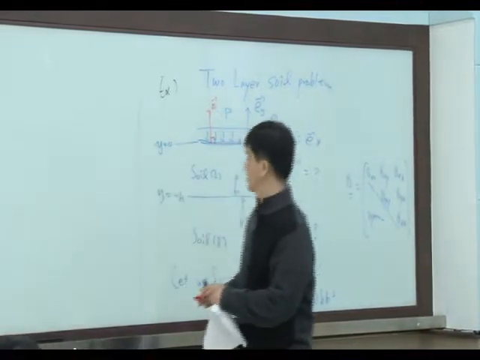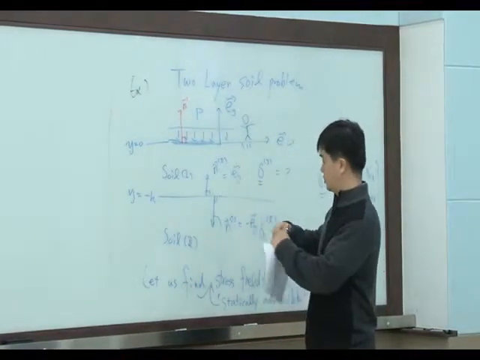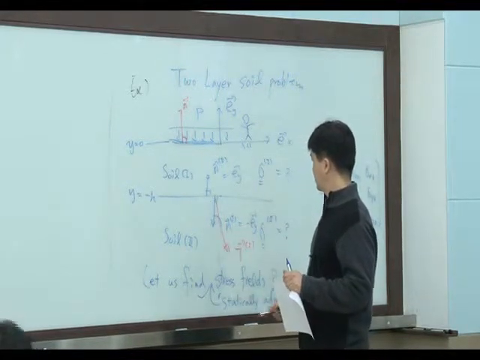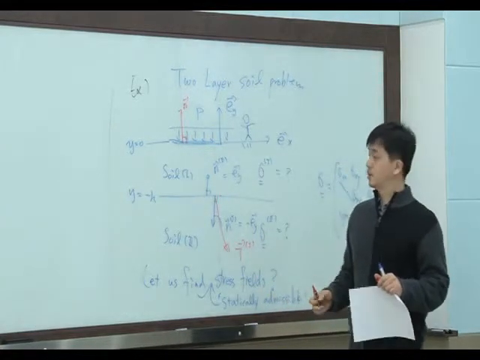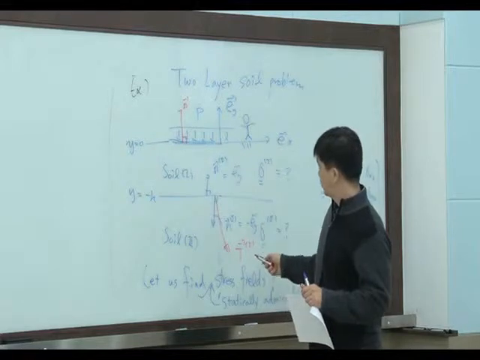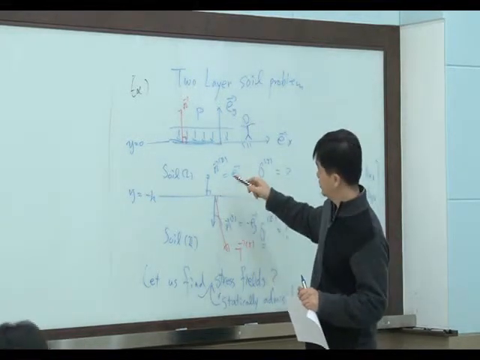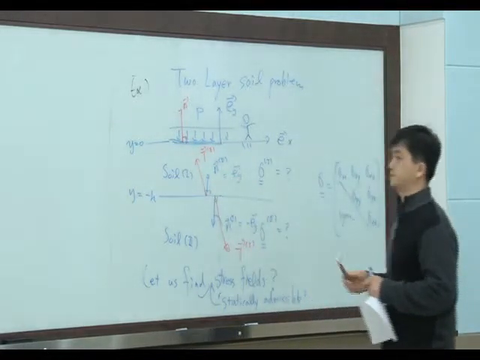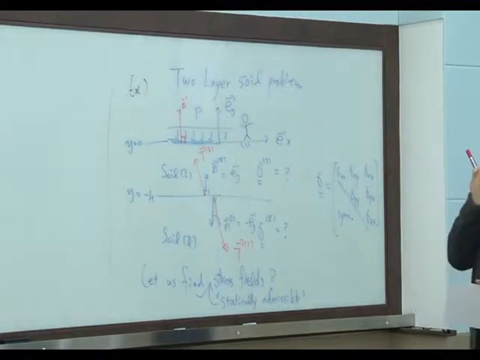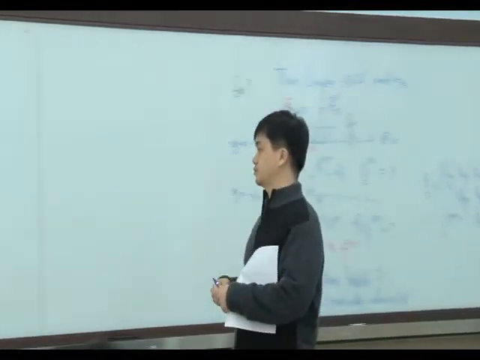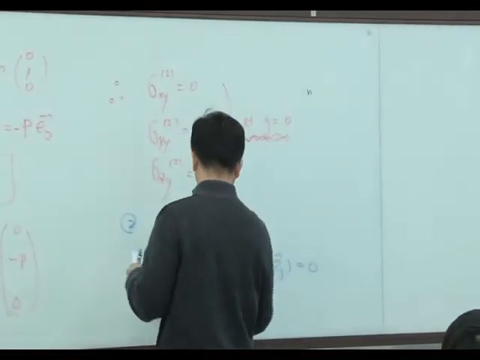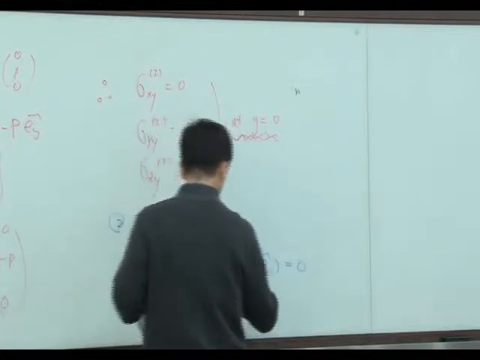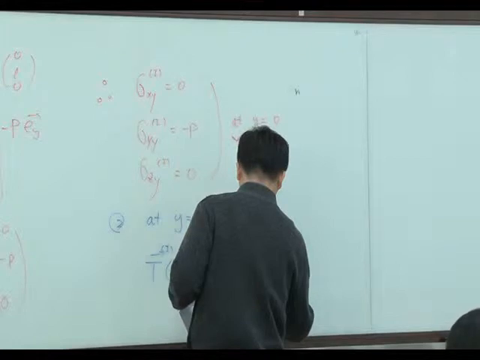So here, T1 is the traction of soil layer 1, and T2 is the traction of soil layer 2. Okay, this is n1, n2.